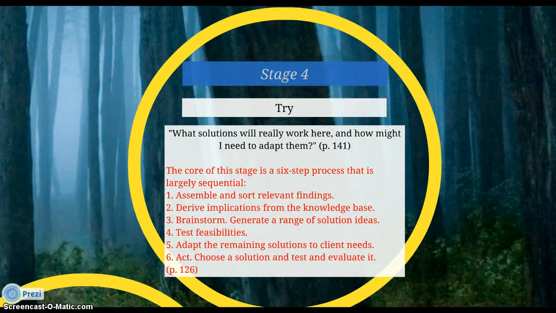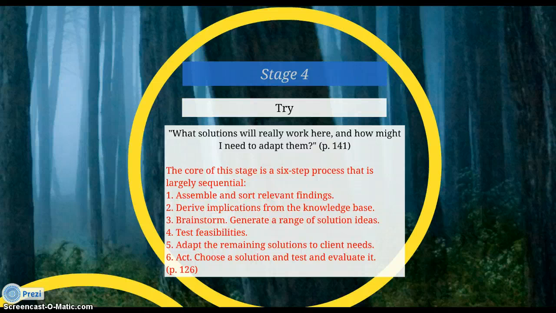Stage 4, try. The core of this 4th stage is a 6-step process which will guide the change agent to: 1. Assemble and sort the relevant findings from the acquire stage. 2. Derive implications from the knowledge base that affect the client system and its objectives and circumstances. 3. Brainstorm.